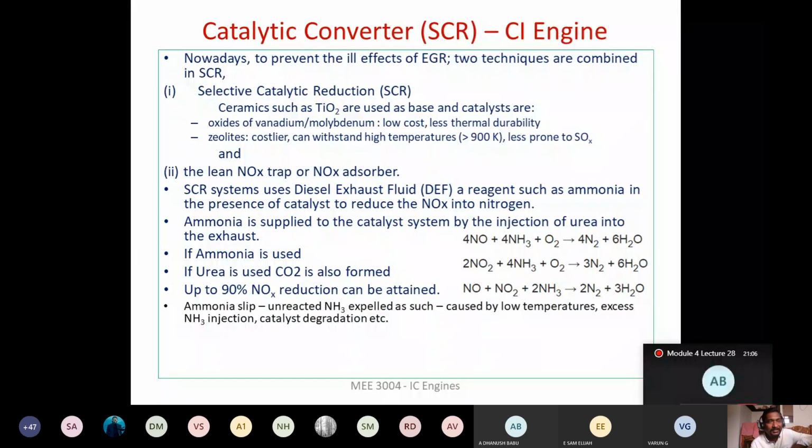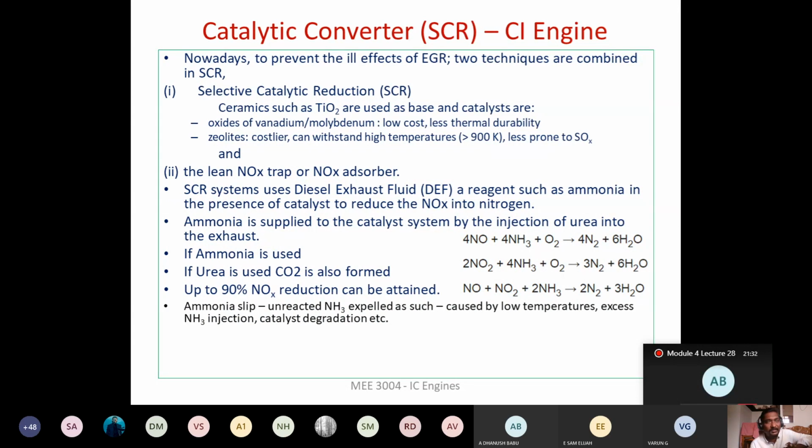So sometimes some problems are also there when you use selective catalytic reduction, but this is the latest emission control system. But here also some small disadvantages are there. Sometimes this ammonia, whatever we are injecting, may not react, right? And it will be expelled along with the exhaust gas.